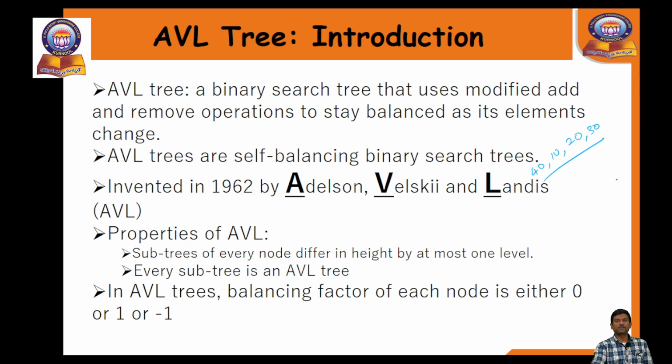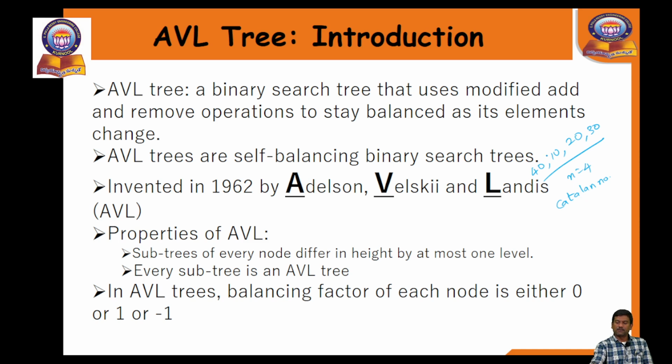These are the nodes which are being provided. To find how many binary search trees can be generated for n equal to 4, that can be identified by the Catalan number. That is not part of the AVL tree; this is only because we are moving to the advanced part, that is the AVL tree.